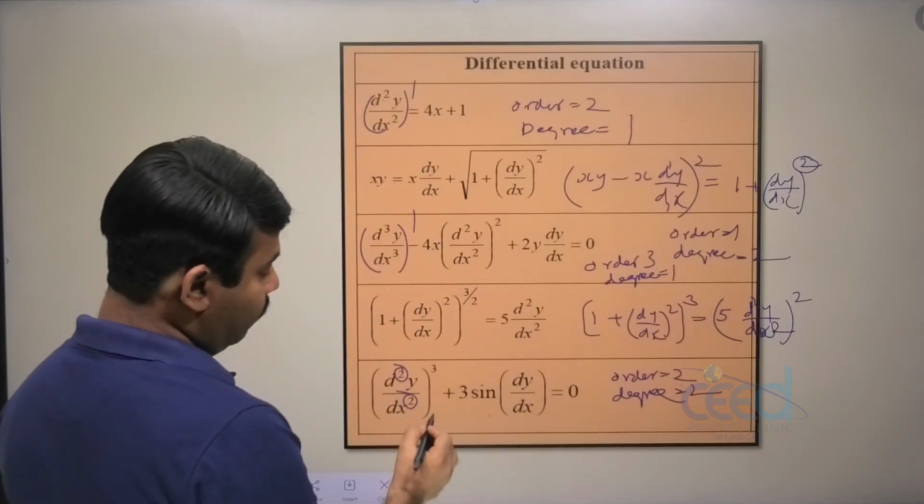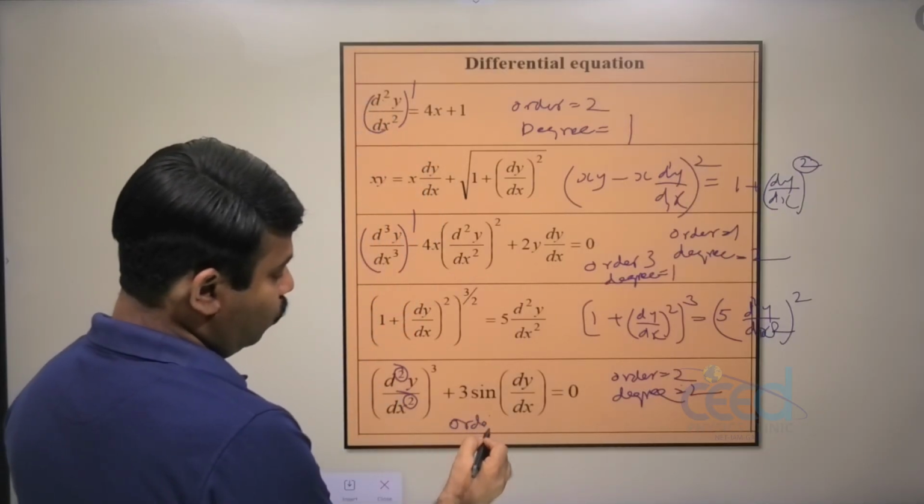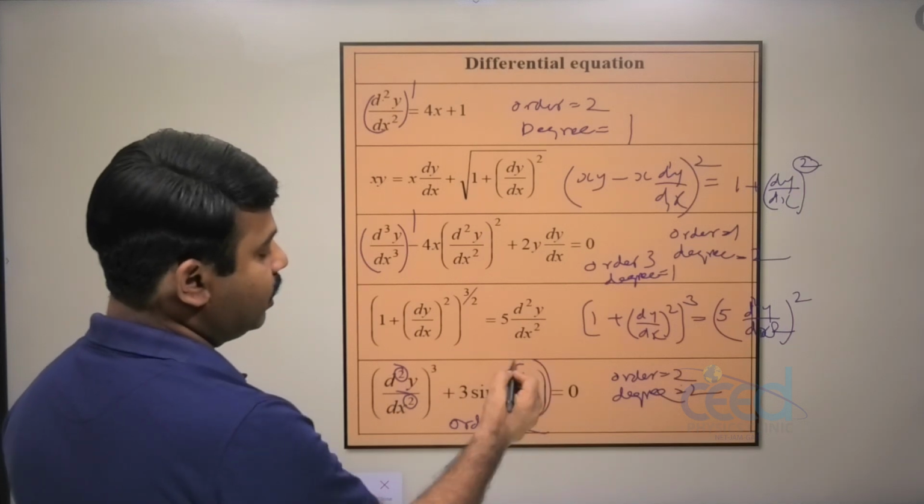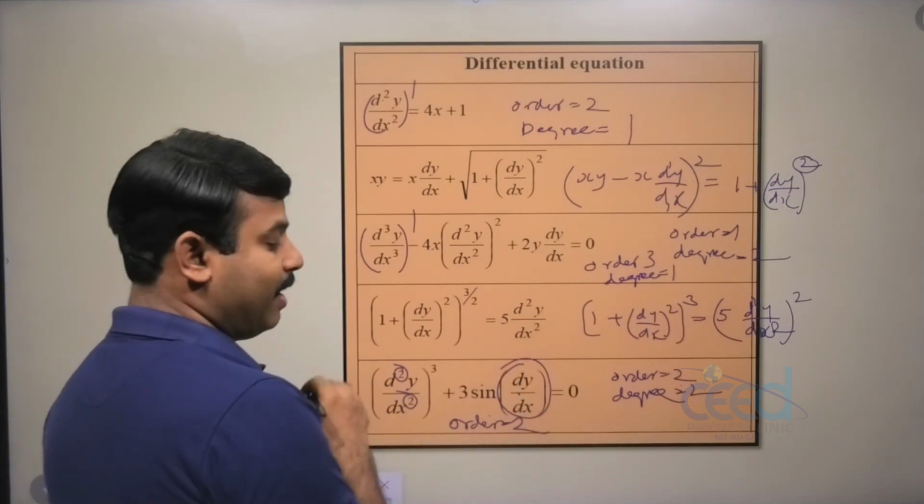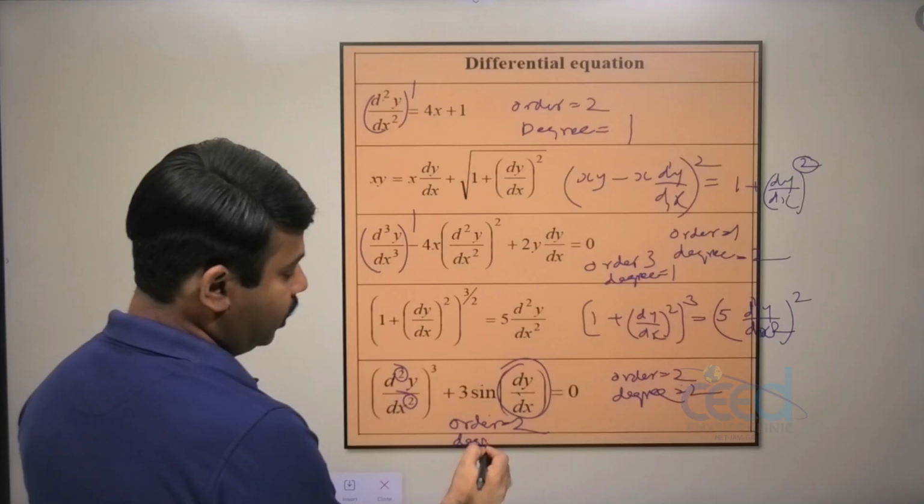So here we can say the order is 2, but because dy by dx came as the angle, the degree is not defined.